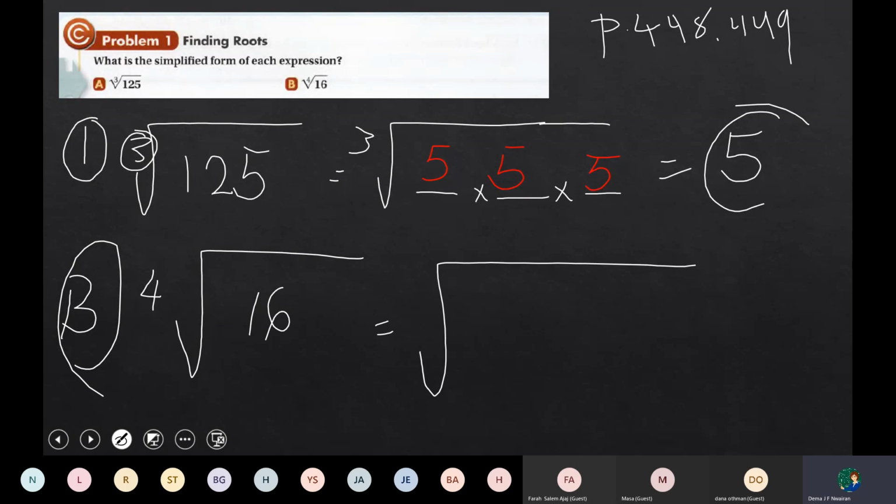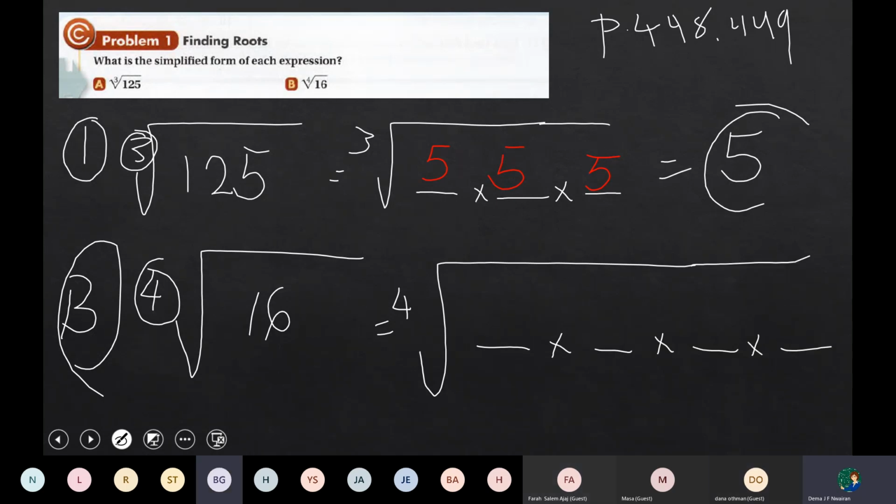That means if I say number 4, I need how many numbers now? 4. Give me 4 numbers that if you multiply them, you get 16. 2.